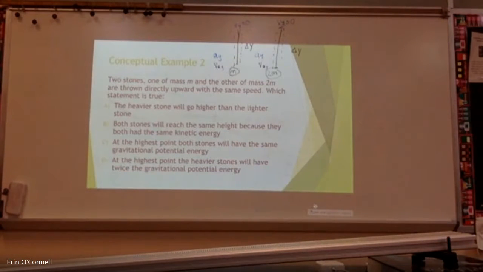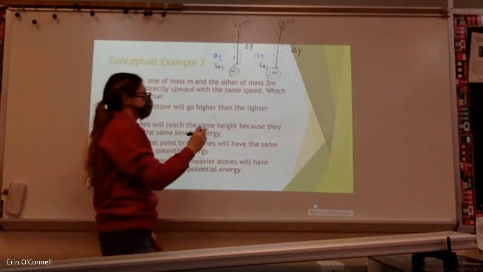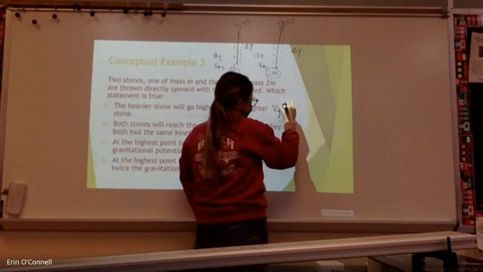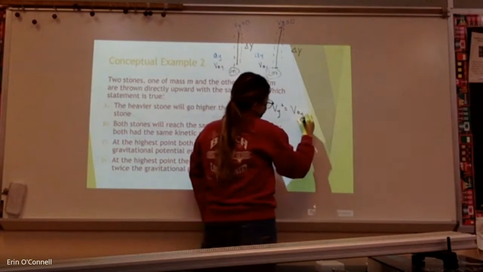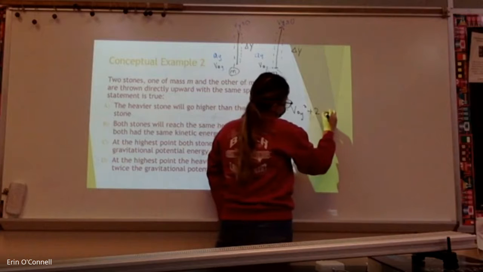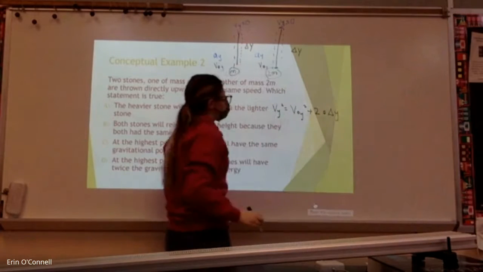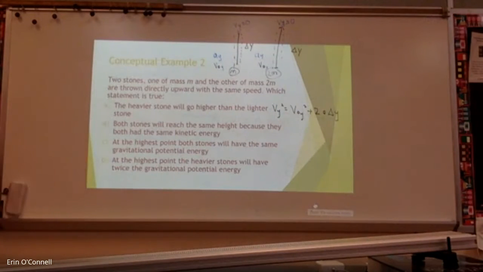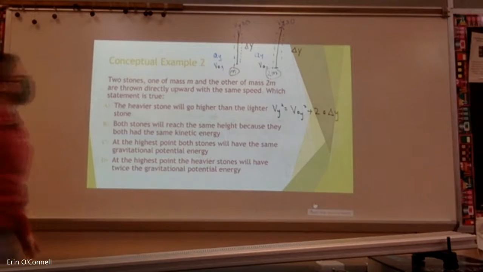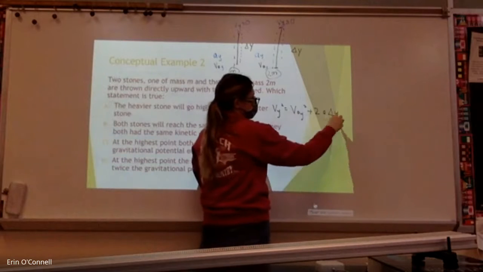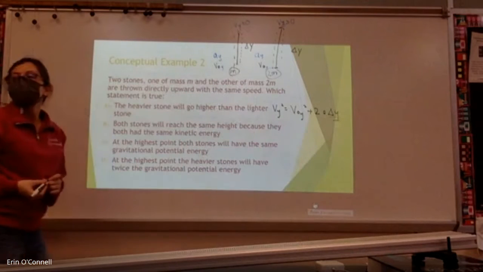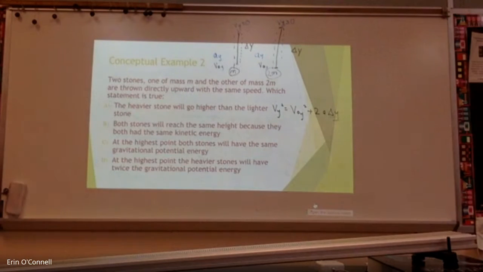You can use v squared equals the initial velocity squared plus 2a delta y. So v in the y squared equals v initial in the y squared plus 2 times a times delta y. Are any of these variables different for either situation?